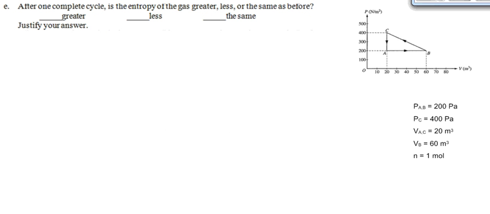And the very last question is about entropy. It says, after one complete cycle, is the entropy of the gas greater, less, or the same as before? Now, this is not a real thing. This is an ideal gas in a perfectly reversible system. And we've said that everything is the same. Well, entropy is the disorder. Since it ends up exactly back at A without anything having to do any work on the system in order to get it there, that means that entropy is the same also.